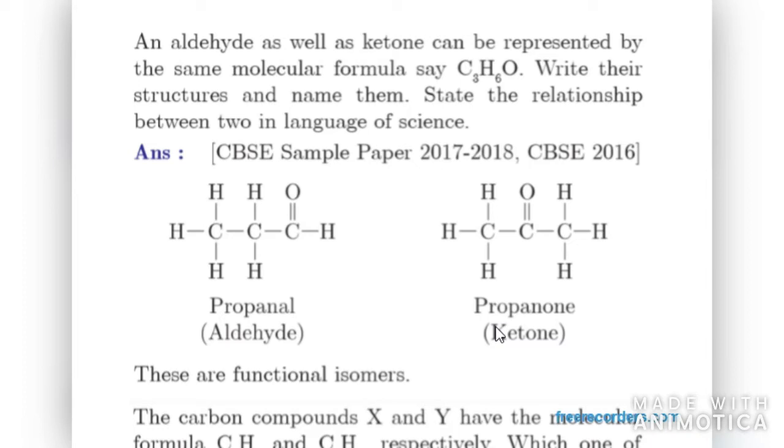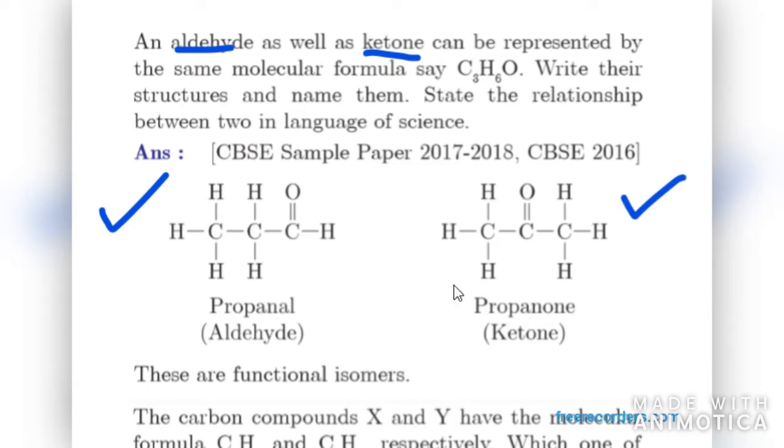So in this we have an aldehyde and a ketone. Both have the same formula, that is C3H6O. First of all you have to make an aldehyde of it and a ketone out of it. As you can see, we can make propanal and we can make propanone, that is the ketone.